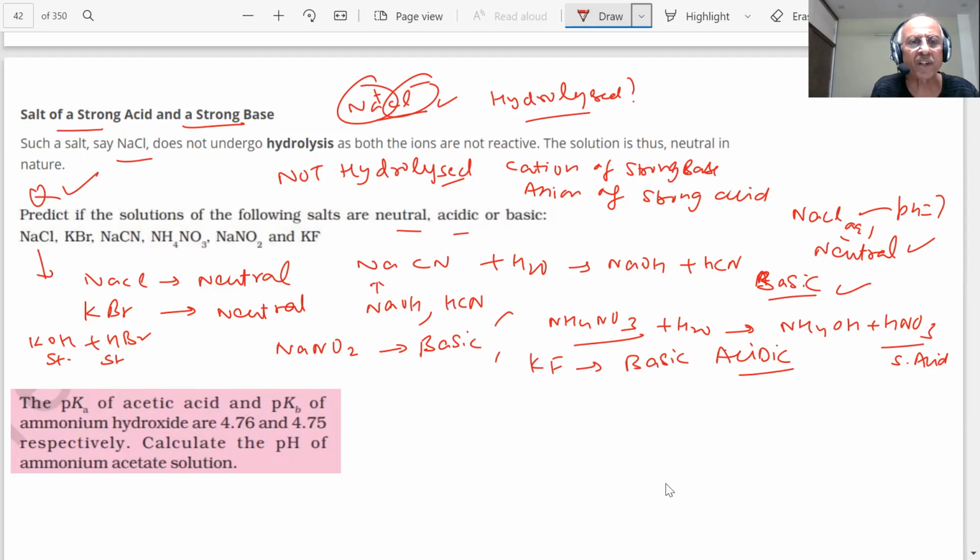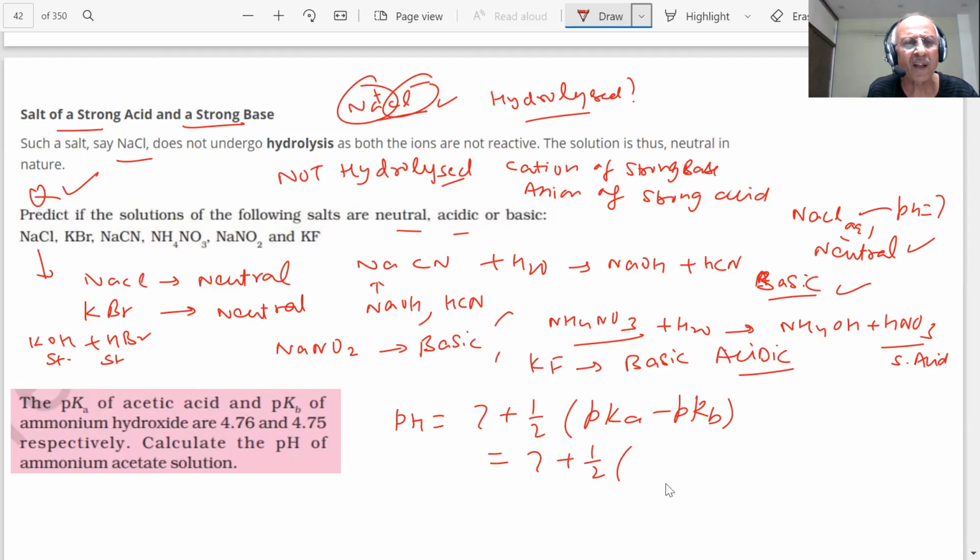The pKa of acetic acid and pKb of ammonia are both 4.76. Calculate the pH of ammonium acetate solution, student. So here is a salt, student. What is the formula of pH? We have told you pH is equal to 7 plus half (pKa minus pKb). So what will be the value? 7 plus half.